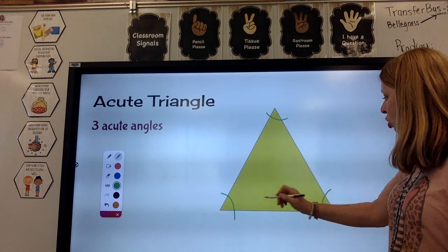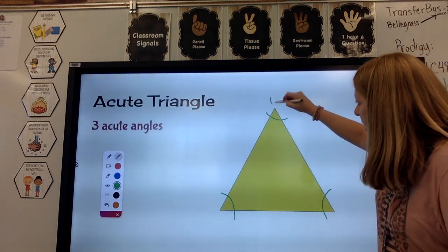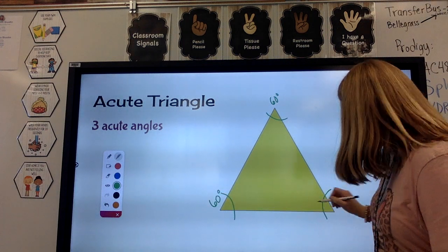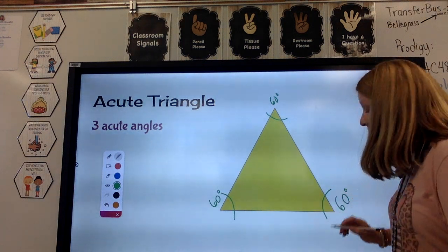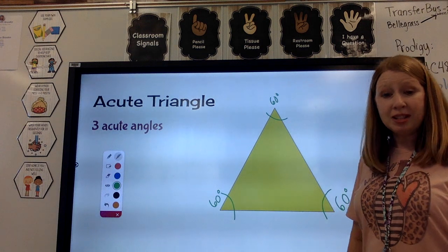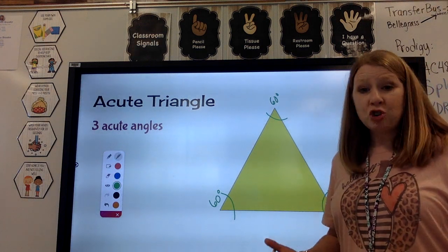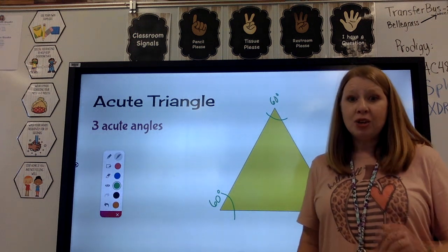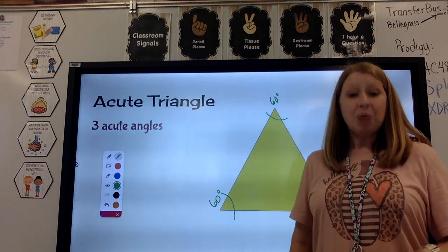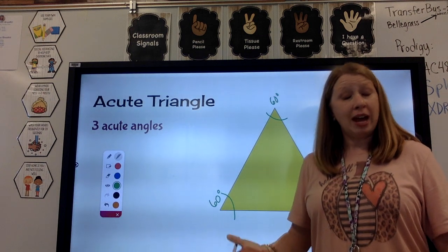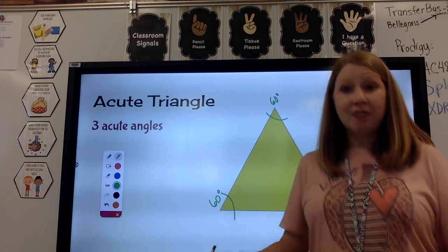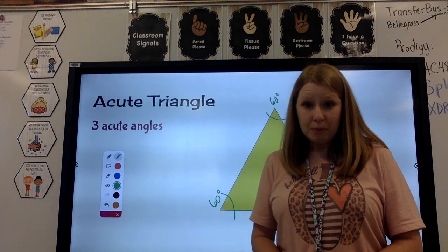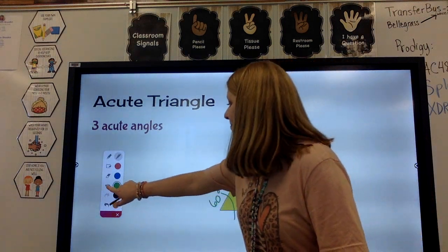So in this triangle, this would probably be 60 degrees, 60 degrees, and 60 degrees. Do you know why it would be 60 degrees, each one of them? Because in a triangle, all of the angles have to add up to equal 180 degrees. So if I have a triangle with 180 degrees and I divide that by 3 angles, each of those angles would be 60 degrees.